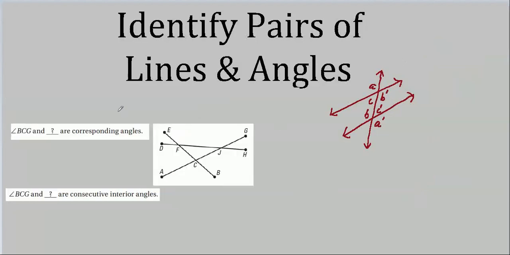Here's a couple more easy ones. Angle BCG and what are corresponding angles? Well, remember, what are corresponding angles? Those are the ones here and here. So, with angle BCG, where is that?